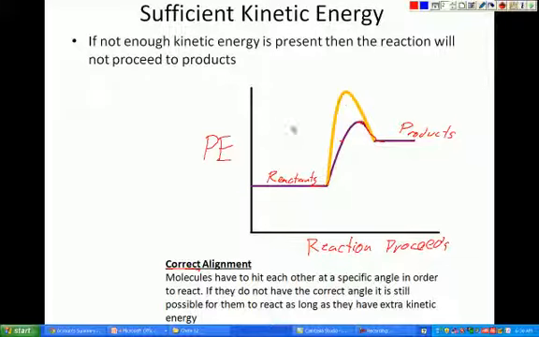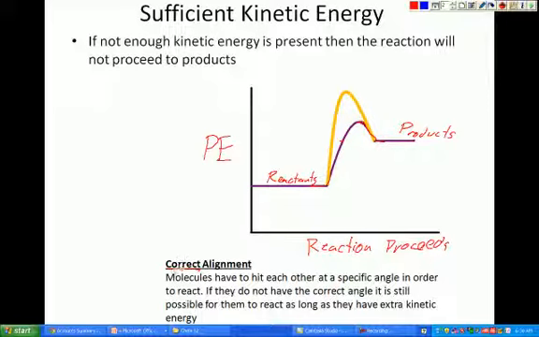However, they just need to have a higher kinetic energy. So this orange line right here is reactants hitting each other without the correct alignment, and they require a lot more kinetic energy.